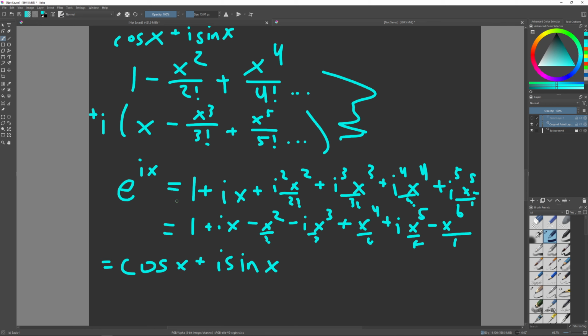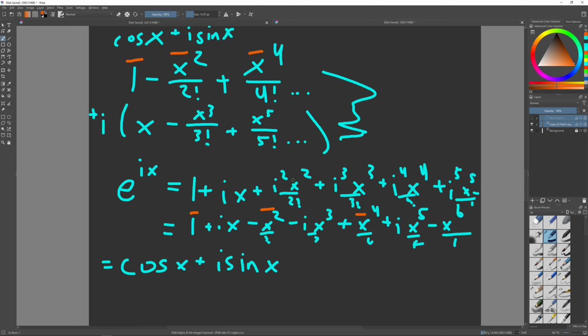Okay, so do you see that? So how about we label the cosine and sine terms? So I'll label cosine terms here. So 1, 1. Minus x squared over 2 factorial is there. Plus x to the 4th over 4 factorial is here.